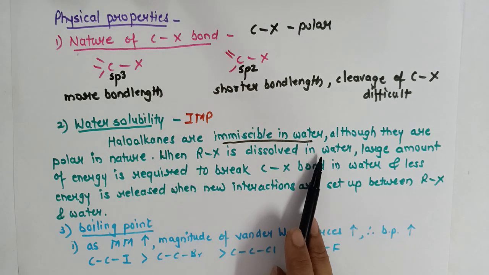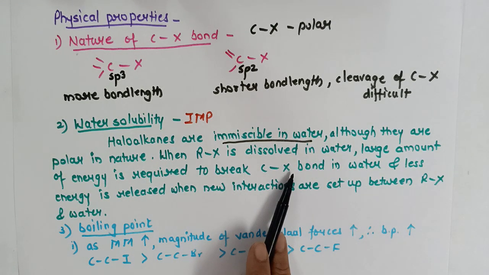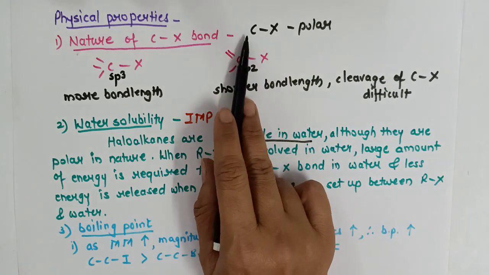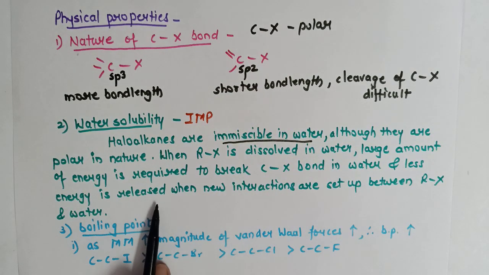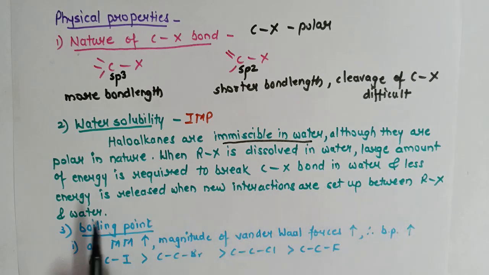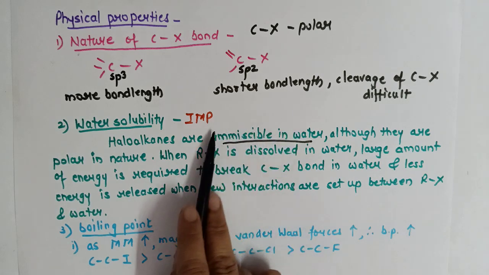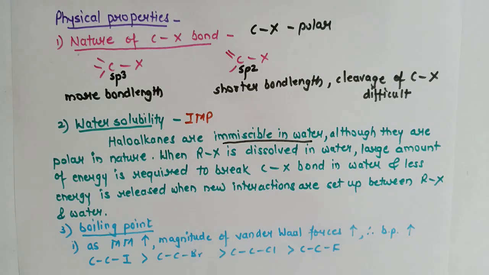When haloalkanes are dissolved in water, a large amount of energy is required to break the carbon halogen bond because there is a great difference in electronegativity. Comparatively less energy is released when the new interactions are set up between haloalkane and water. As a result, haloalkanes are immiscible in water. But you can give a simpler reason also, that haloalkanes cannot form hydrogen bond with water.